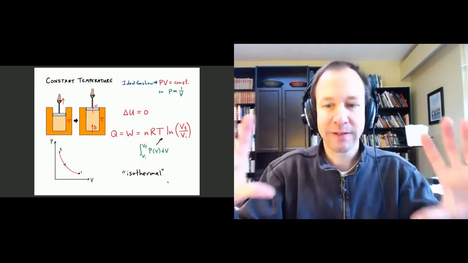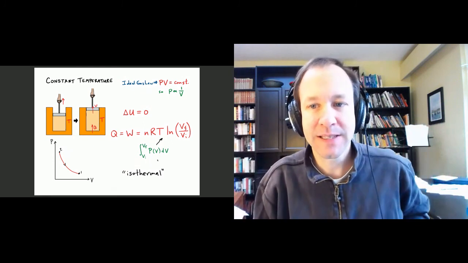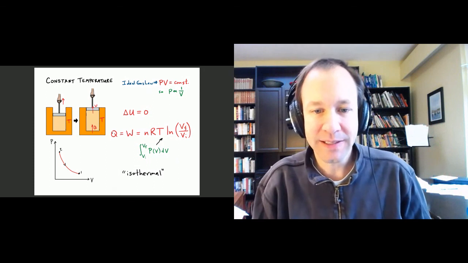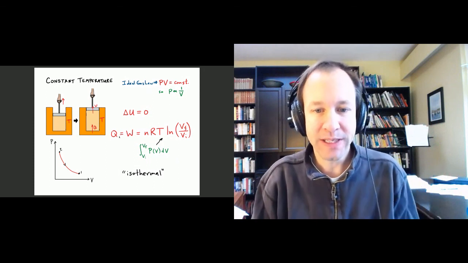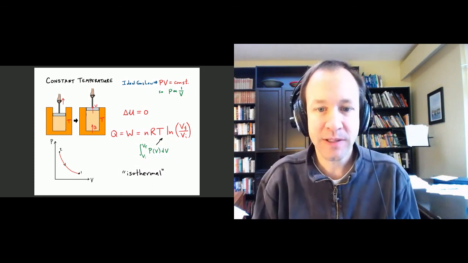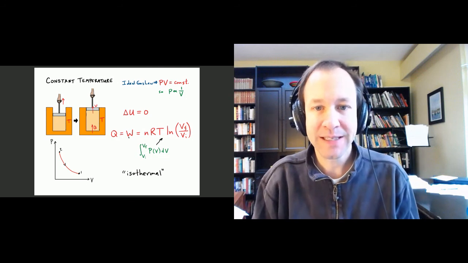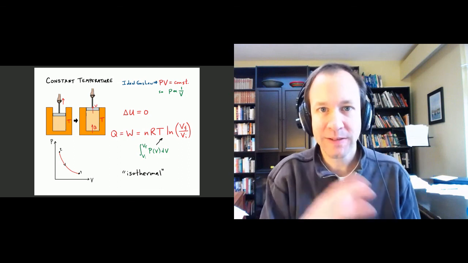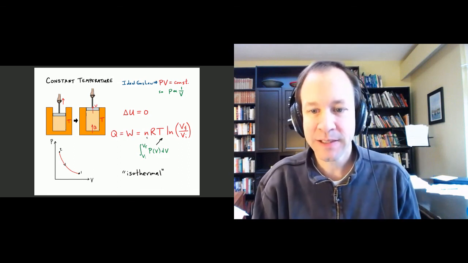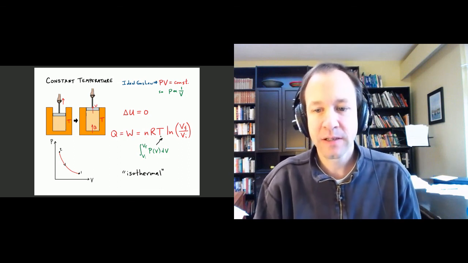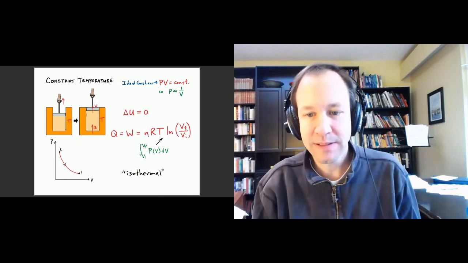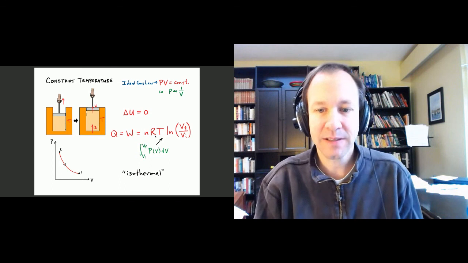Okay, so now we can complete our summary for constant temperature with this formula that if you want to calculate the heat, it's equal to the work, since delta U equals 0. And then the work is equal to the area under the curve, which we have now once and for all calculated to be nRT, which is our constant temperature, times the number of moles times the ideal gas constant.